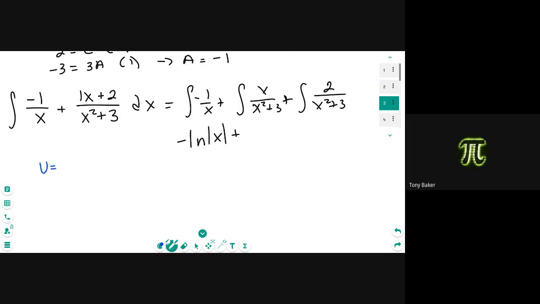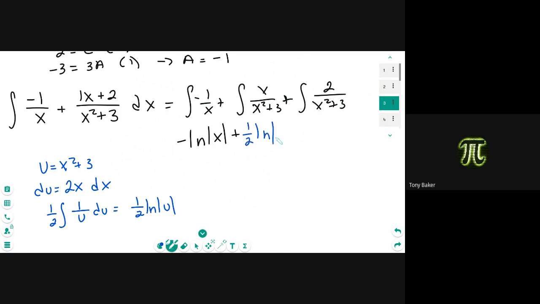If u is x squared plus 3, du is 2x. So I have the integral of 1/2 times 1 over u, so it's 1/2 ln of u. So this is 1/2 ln of x squared plus 3.